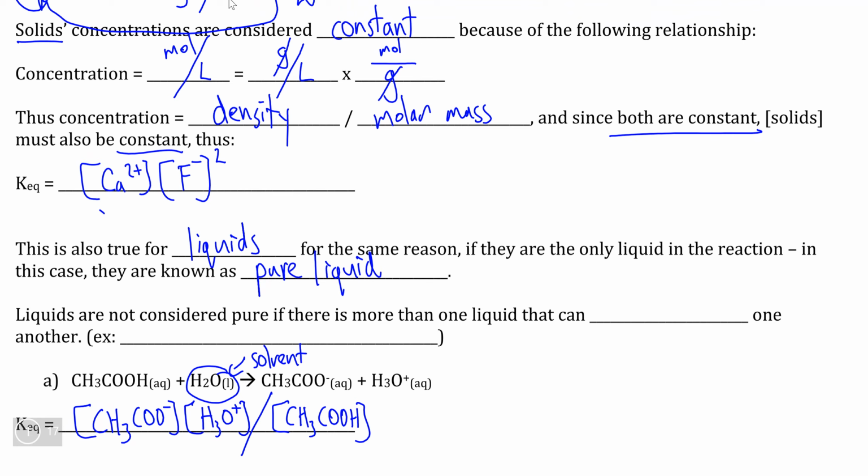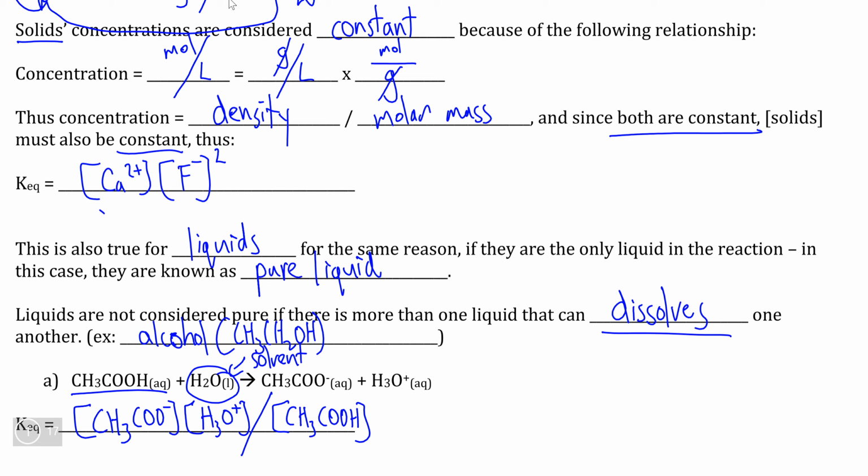There is one exception to this, where liquids are not considered pure if there is more than one liquid that can dissolve other liquids. For example, ethanoic acid in this case is actually a liquid at room temperature. Another example of this would be alcohol. If we wanted to write out the chemical formula for the alcohol that most people know of, CH3CH2OH, we know that this is a liquid at room temperature, and we know that it dissolves when it is put into water.